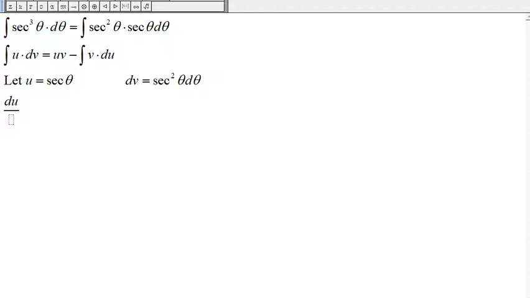And so now we have du d theta, and the derivative of secant is secant tangent. So from here we have du is equal to secant theta tangent theta d theta.